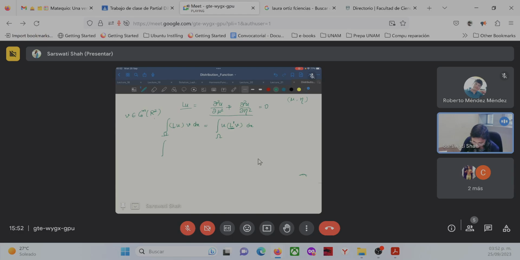So, if this is omega, and then del 2u over del mu square plus, say this is dx equals d mu d eta. This dx is d mu d eta because this is a volume integral. X equals mu comma eta. This v is vanishing, v equals 0 on delta omega, where omega is contained in R2.